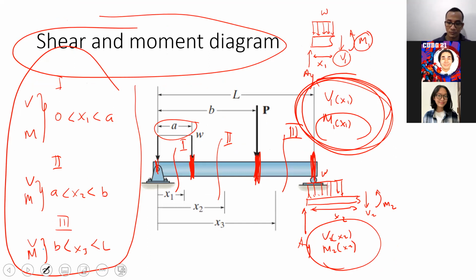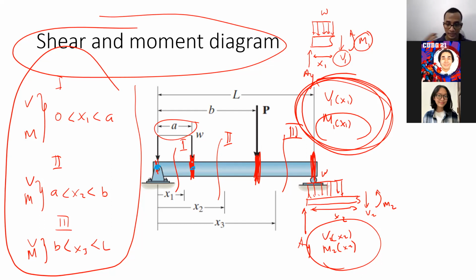Continuous is like what? For example, the first region, I put it there because there is a distributed force W happening there from this point to this point. The only thing happening there is W, so it's continuous.